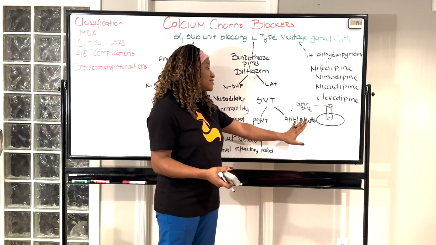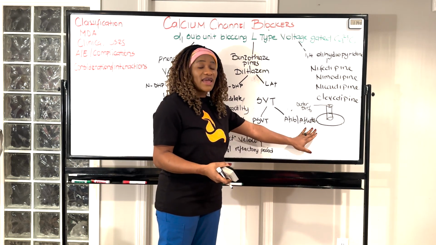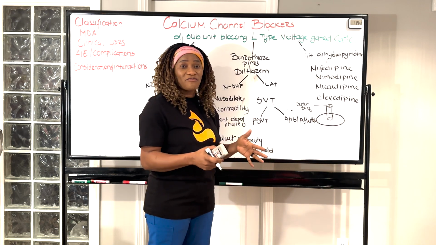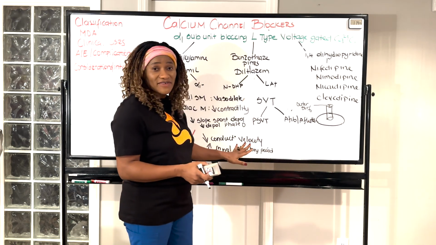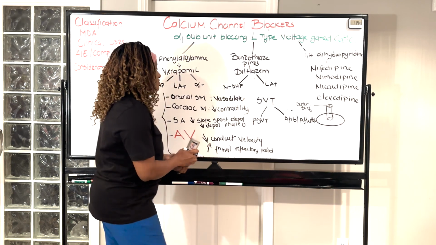So if your patient has AFib and A-flutter and Wolff-Parkinson-White syndrome, don't give calcium channel blockers.